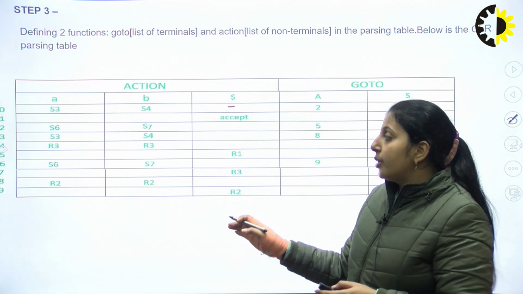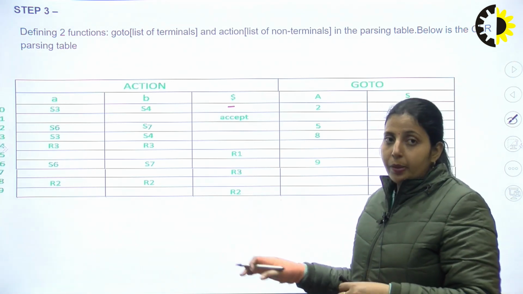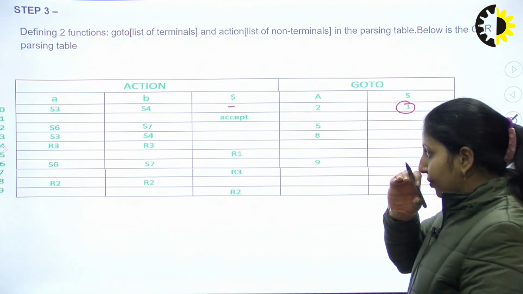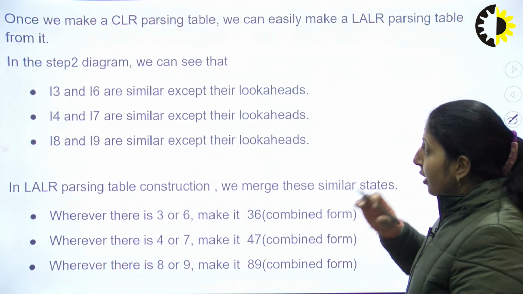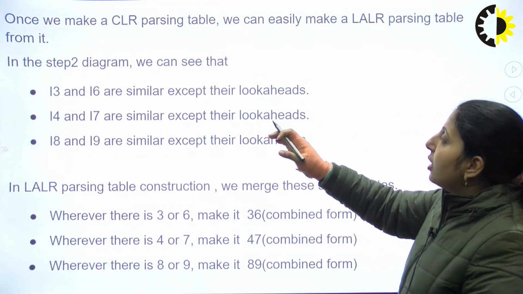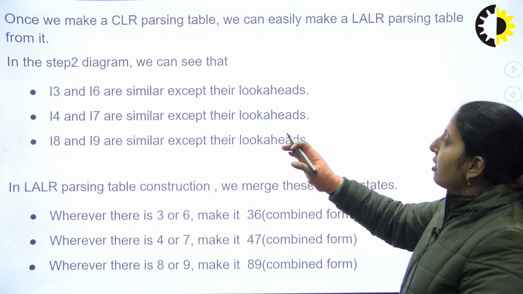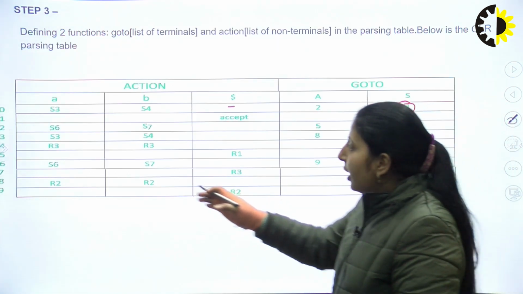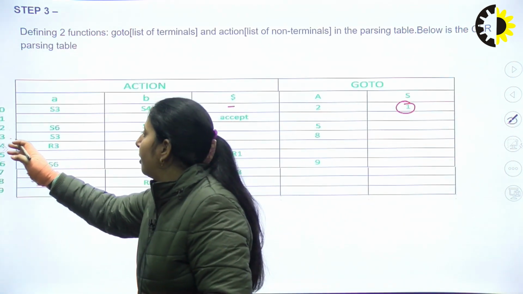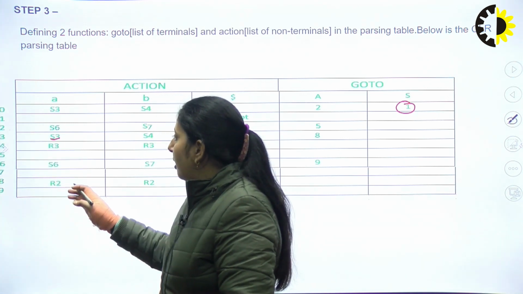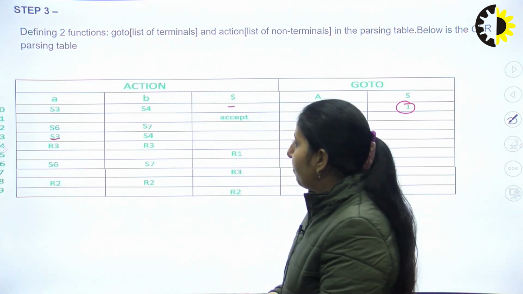Now we have to convert this table to the LALR parser. How can we do that? Here we can see items I3 and I6 are similar except for their lookaheads.